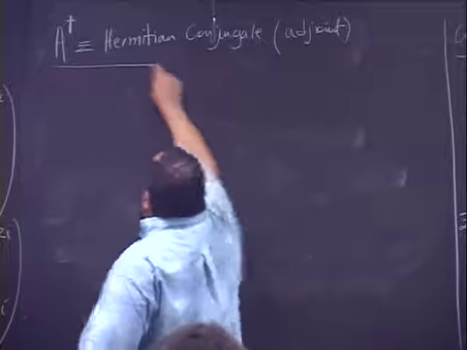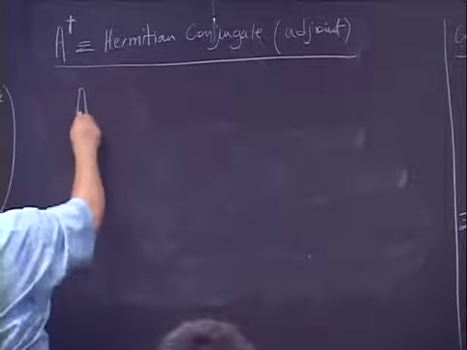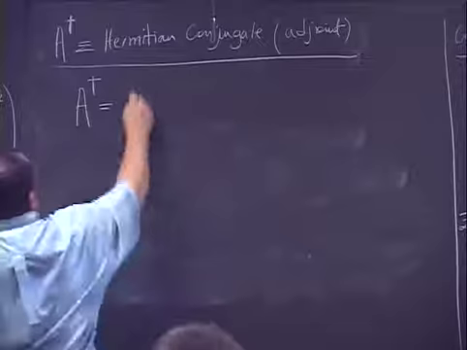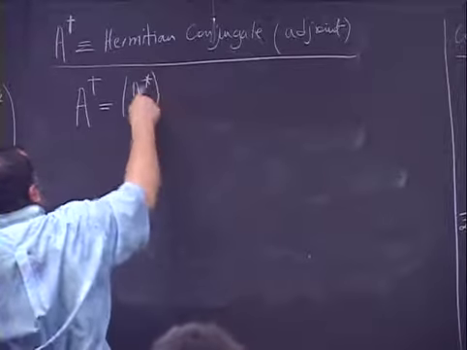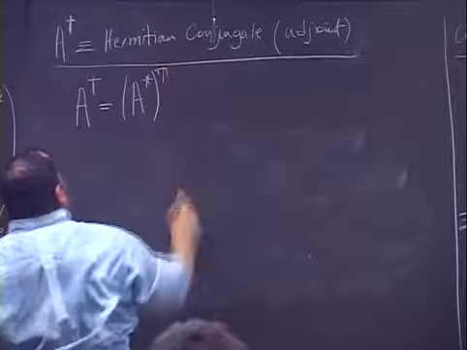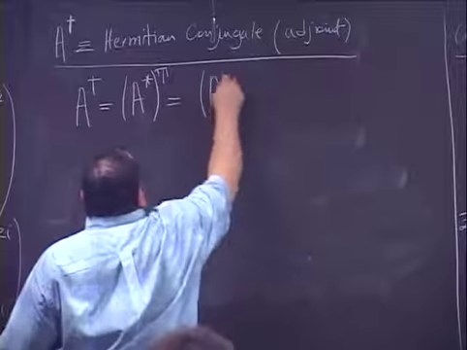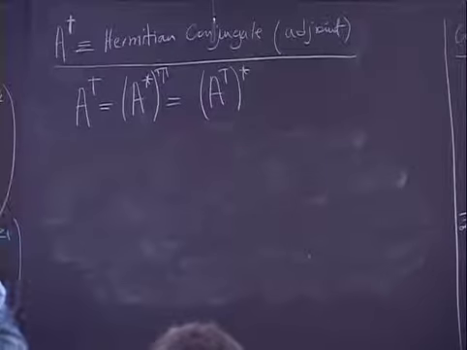The definition for the adjoint is that A dagger is nothing more than the complex conjugate of the matrix, then you transpose it, or take the transpose of the matrix, then take the complex conjugate.